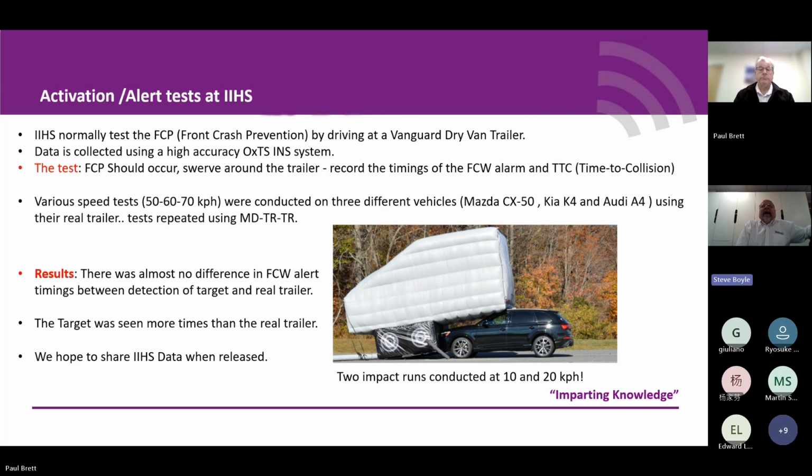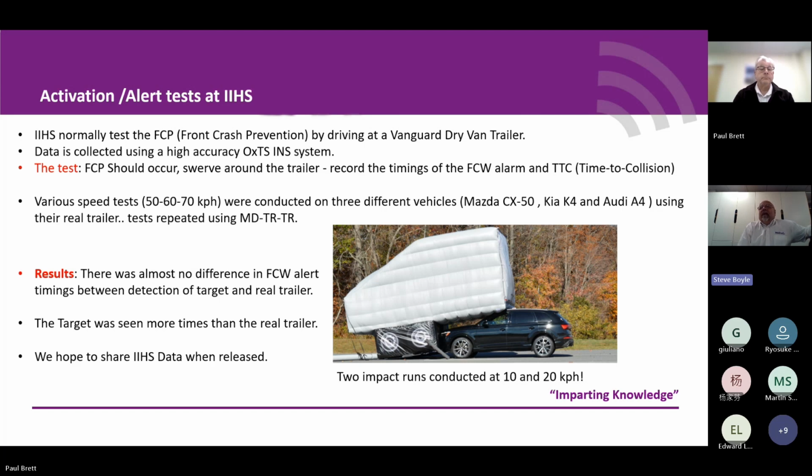They drove the cars at the target. They used the inertial navigation system from Oxford Technical Solutions and some video software. They had some timing set up that once they got to a certain distance, if forward collision warning hadn't activated at that point, it was deemed as a fail.